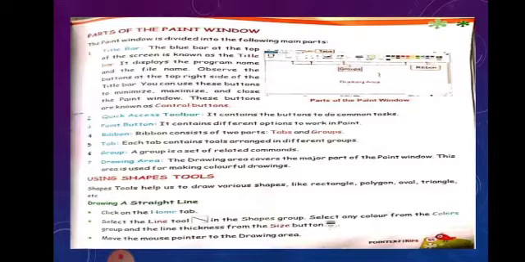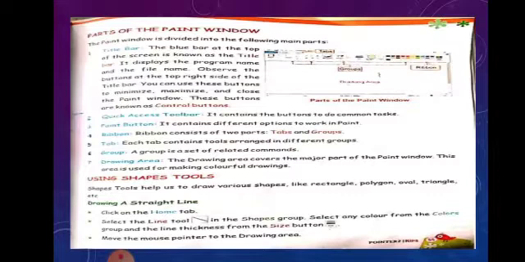The title bar is blue in color and is placed on the top of the screen. The title bar displays the name of the file along with the program name. On the right side of the title bar are the control buttons to close, minimize, and maximize.